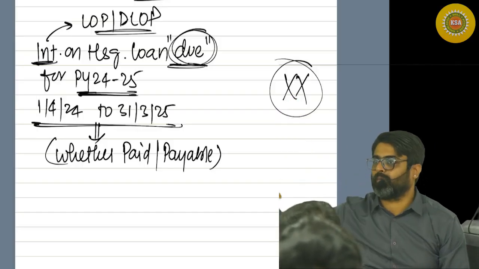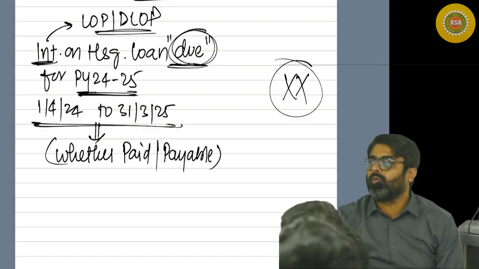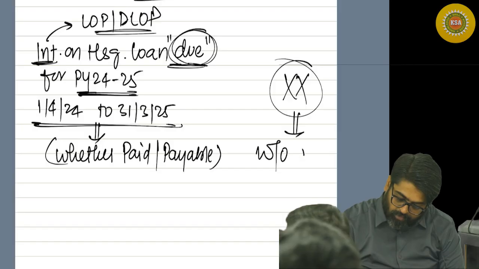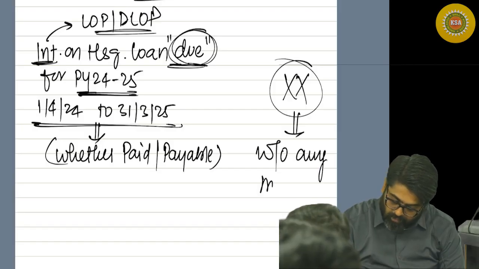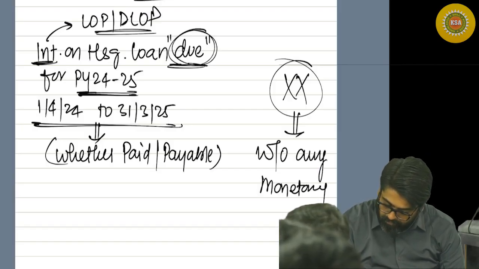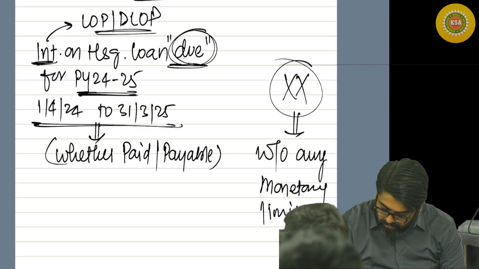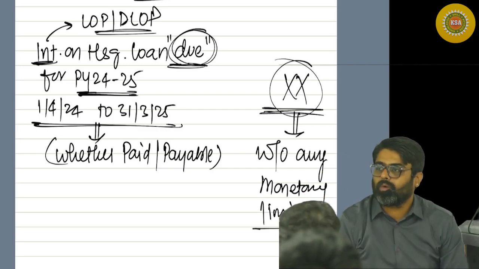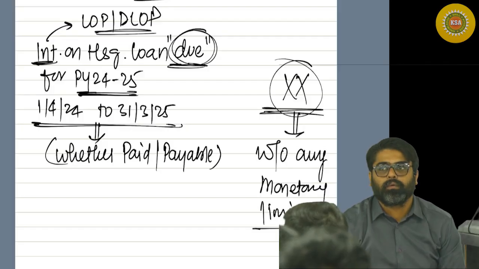So this interest is for LOP or DLOP only, no? It will be allowed as a deduction without any monetary limit. This will be fully allowed. Yes or no?